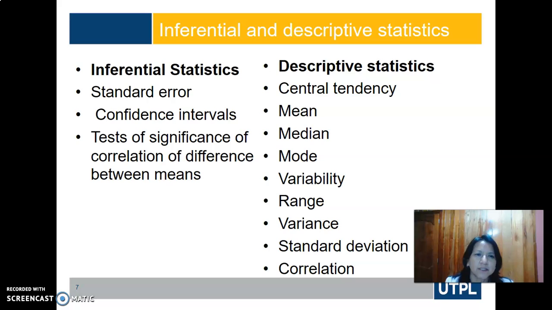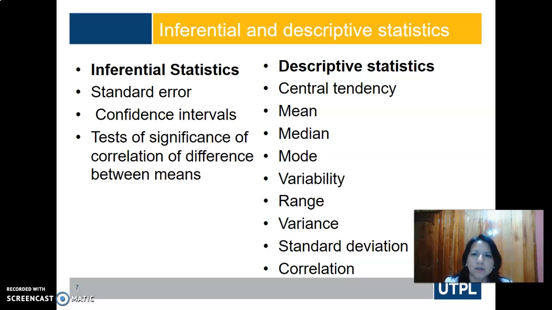In the case of inferential statistics, you can use measures like standard error, confidence intervals, and tests of significance of correlation or differences between means. Those are some of the main scales that we can use.